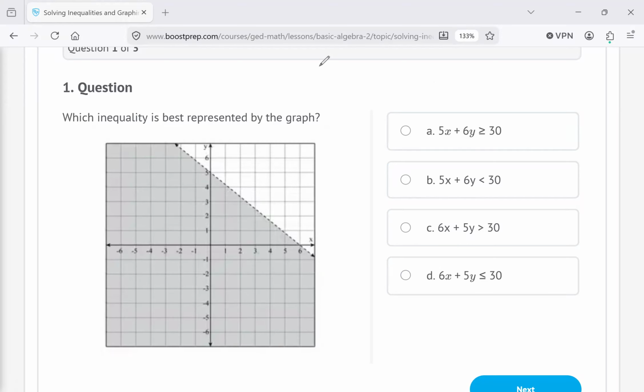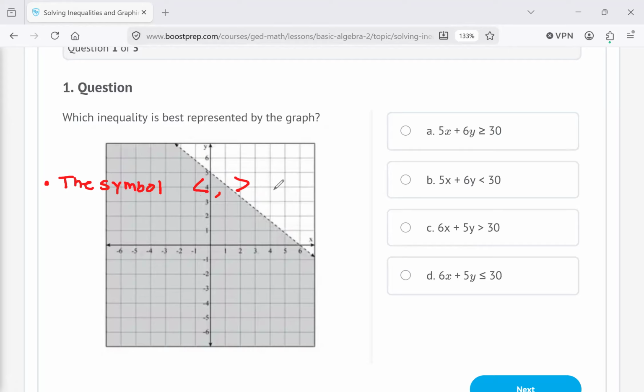Okay, so when you're graphing inequalities, there are some things you need to know. The symbol less than or greater than, notice it doesn't have a straight horizontal line.